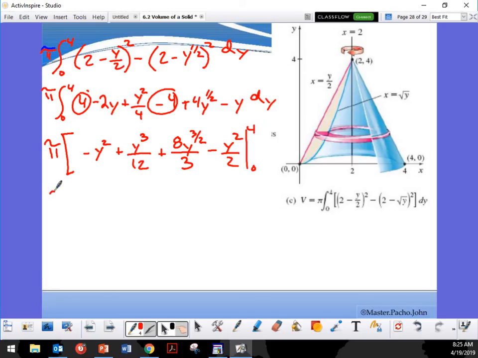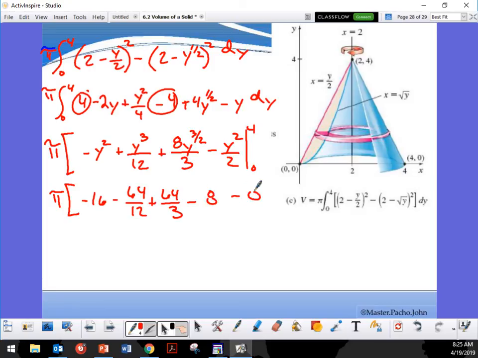So let's see, pi bracket, negative 16 minus 64 over 12 plus 64 over 3 minus 16 over 2.